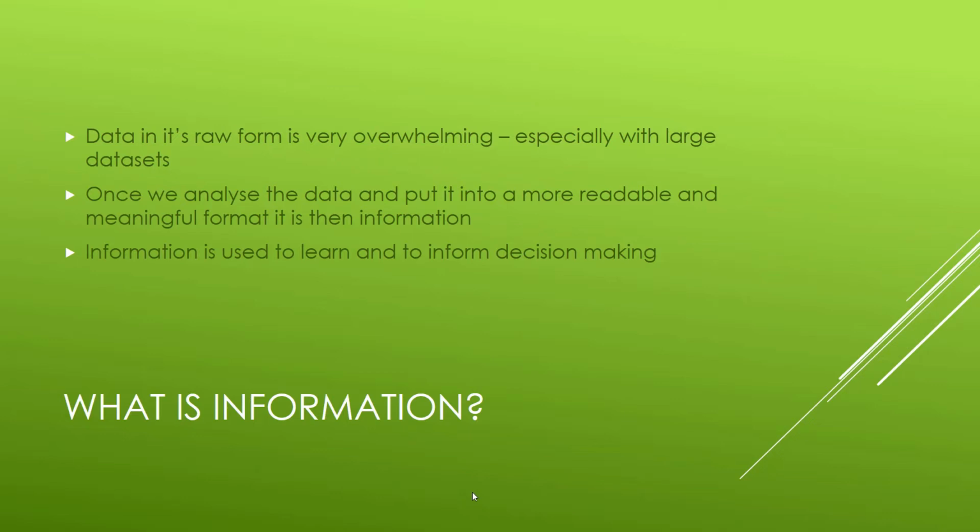And information is used to help us learn, to help us make decisions about things, because we now can compare and contrast and just understand what it is that we're looking at. So I'm going to have a look at a few differences between data and information.